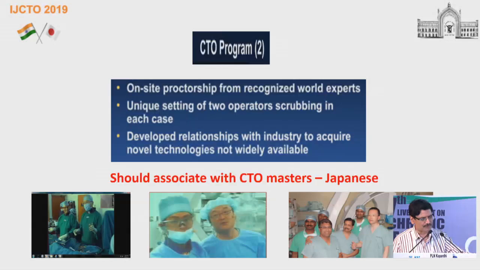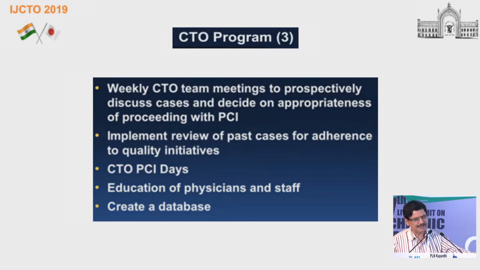And most important is developing weekly CTO team meetings to prospectively discuss the cases step by step and decide on the appropriateness of proceeding with PCI, and implementing review of past cases, whether they were successful or failed, for adherence to quality initiatives.